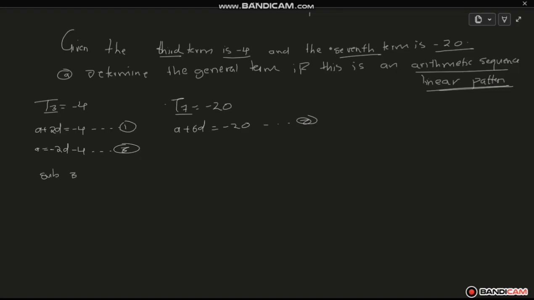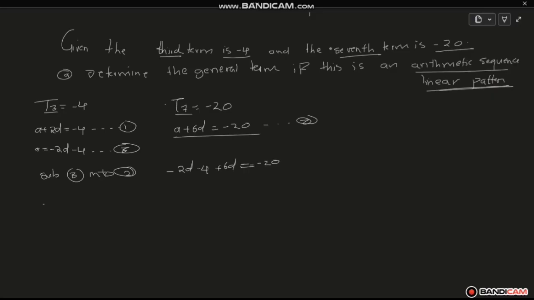Therefore substitute equation 3 into the second equation. Then where there's a, you substitute negative 2d minus 4. Therefore, it will be negative 2d minus 4 plus 6d equal to negative 20.